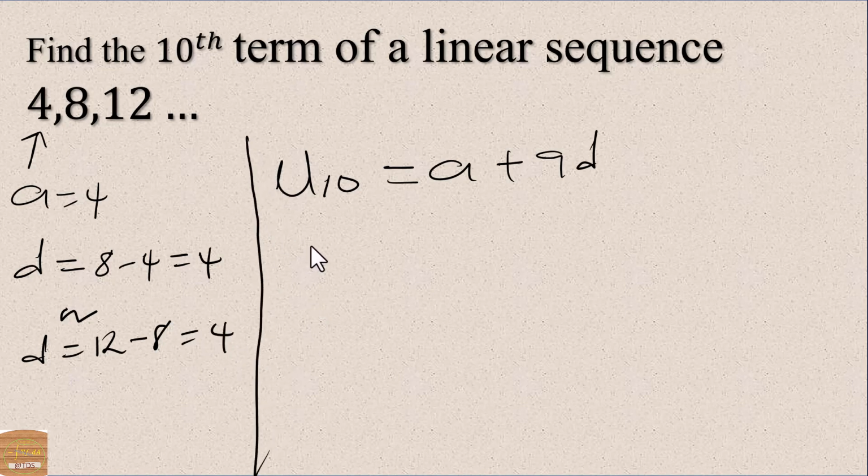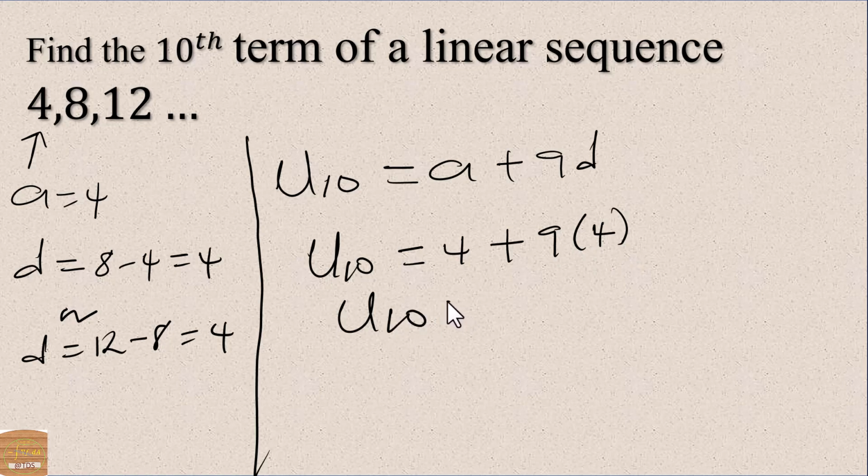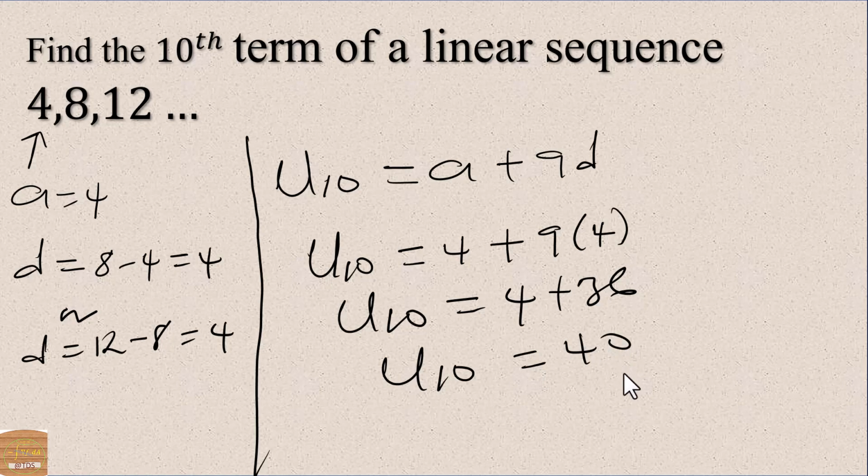U10 goes to 4 plus 9 times 4. So 9 fours are 36, so the 10th term is now 40. Very, very simple. So that's our first example for AP.